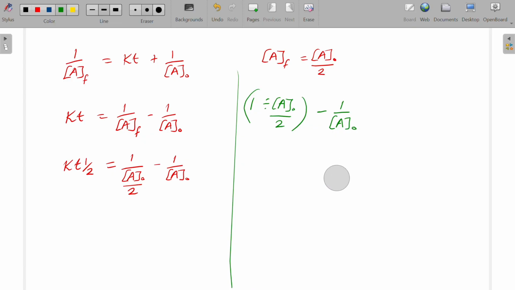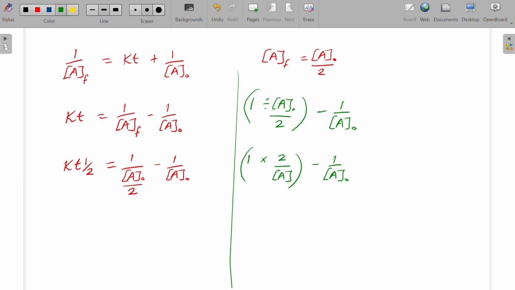Yes. So doing mathematics there, on this part here we have 1 multiplied by, we're going to switch those two, 2 over the initial concentration, like this. And this whole thing is subtracted by 1 over A initial, like that.